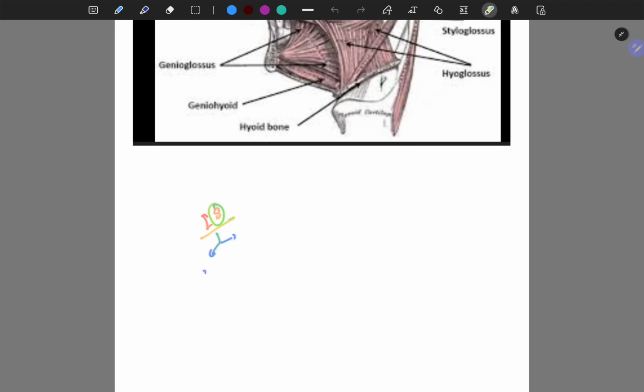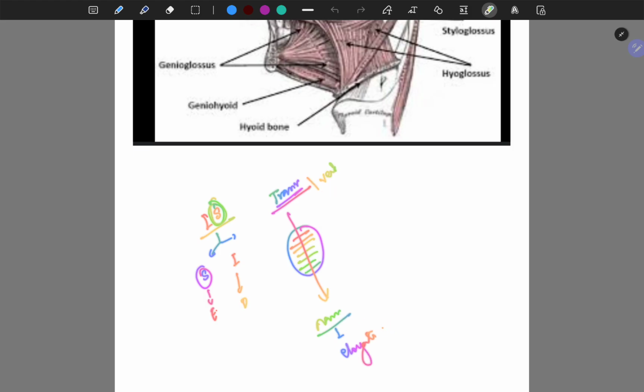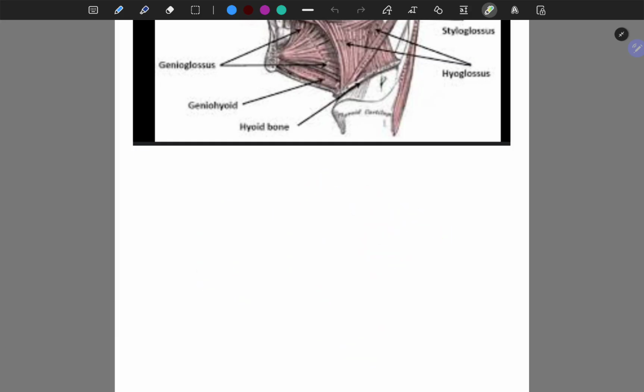The superior elevates and the inferior depresses. The transverse group, if it contracts, makes the tongue narrow and elongate. The vertical group, if it contracts, flattens the tongue and elongates it. So this is very important.